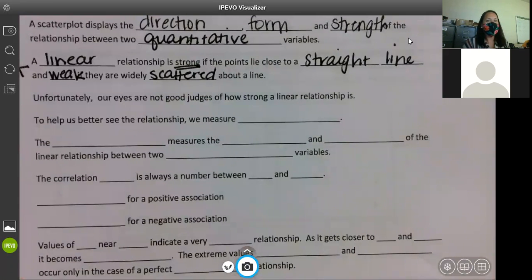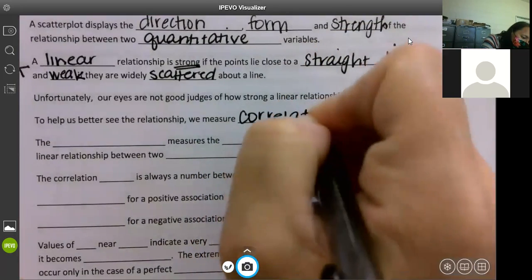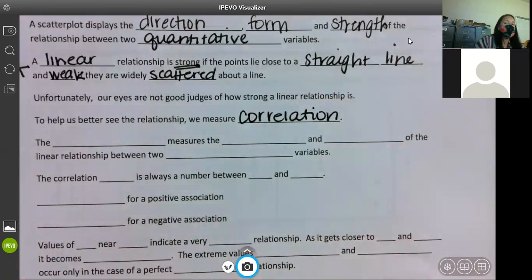Unfortunately, our eyes are not good judges of how strong a linear relationship is. To help us see the relationship better, we measure correlation. And again, I know it was a long time ago, but you did that in Math 1.